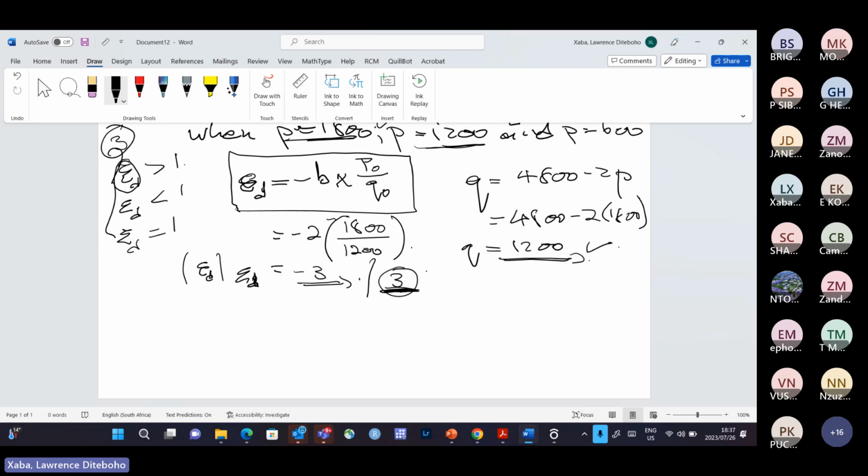Are we together? Yes. So now, looking at this rule, when we apply it to make it an absolute value, automatically the negative sign is removed.